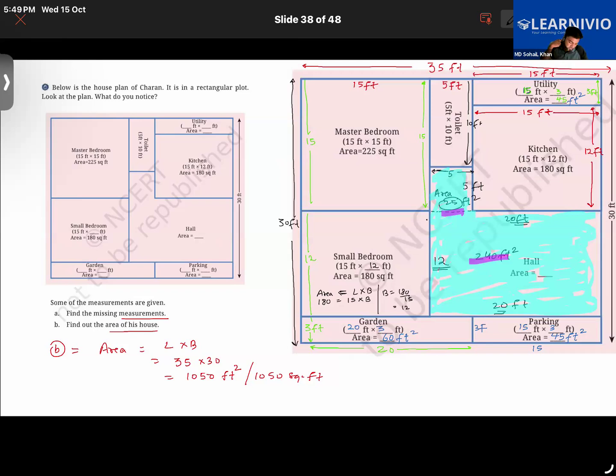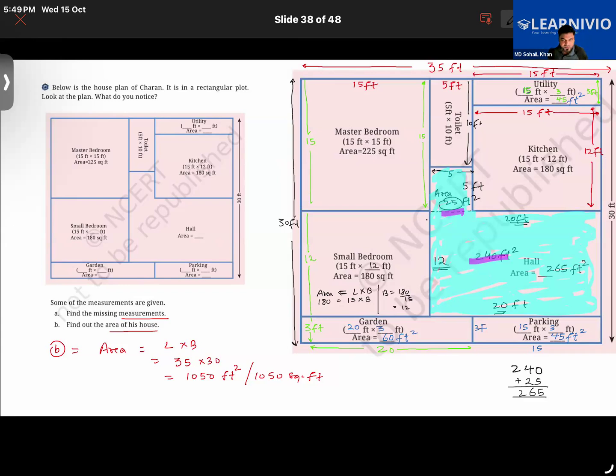You need to add 25 to 240. 5 plus 0 is 5, 2 plus 4 is 6, and 2 stays, so 265. So thereby the area of the hall is 265 square feet.